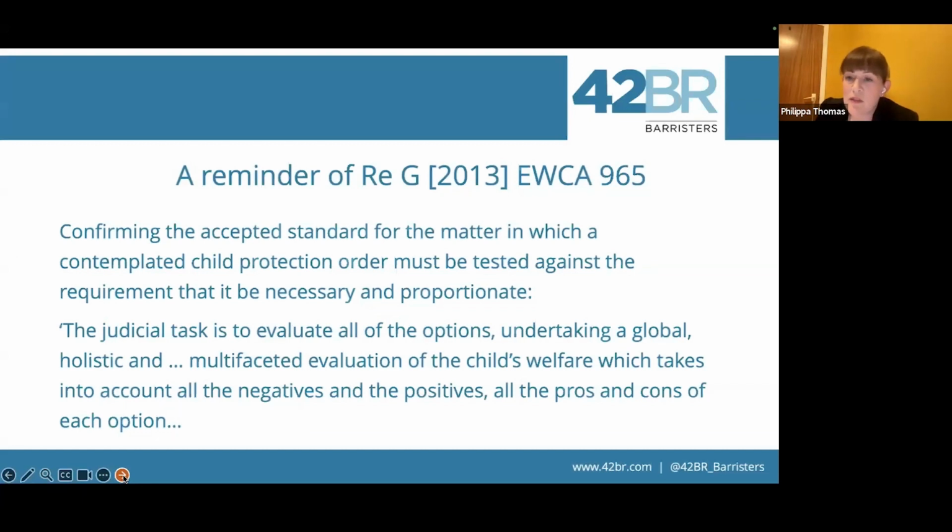I know we all spout those terms all the time when we're in court, but this is really setting down again that the court has to be satisfied in their judgment that they have explored all of those options. The judicial task is to evaluate all of the options, undertaking a global, holistic and multifaceted evaluation of the child's welfare, which takes into account all the negatives and the positives, all the pros and the cons for each of those options.